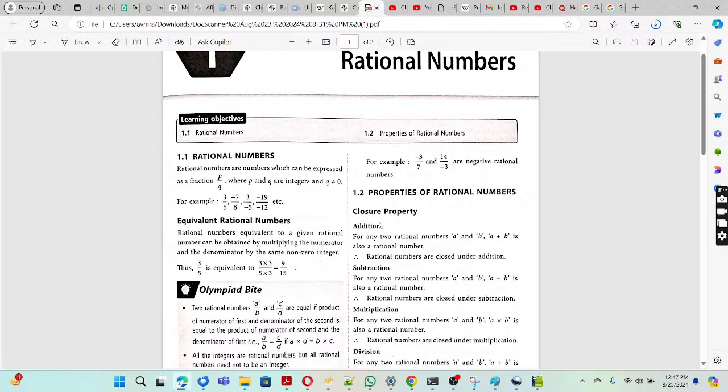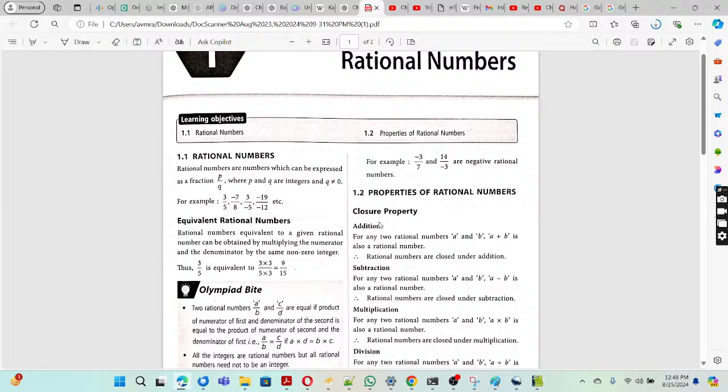And if both numerator and denominator are negative, then that will become a positive rational number. Now, equivalent rational numbers. What is the meaning of equivalent rational numbers? For example, 3 by 5 is equivalent to 3 by 5 into 3.